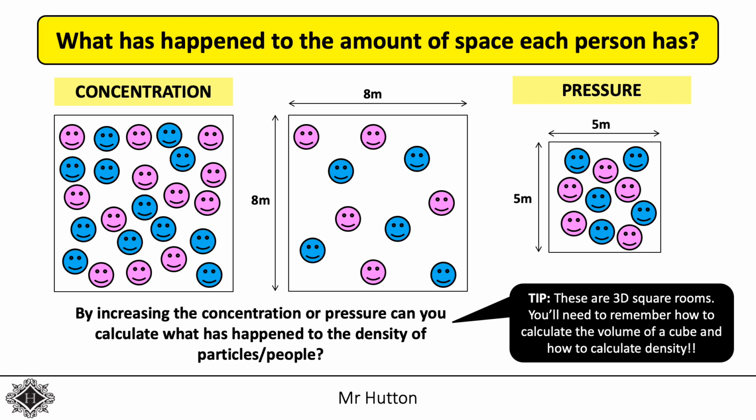And this is to demonstrate how we're changing the amount of room that particles have. So the more room they have, the less frequently they'll collide. The less room they have, the more frequently they'll collide, and the faster the rate of reaction, because we know that rate of reaction is linked to the frequency of collisions.